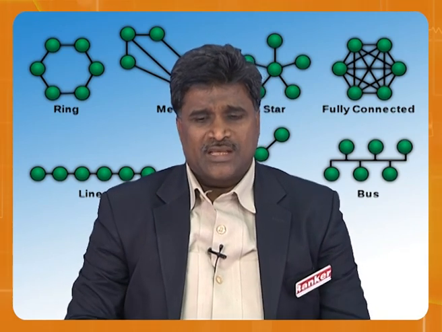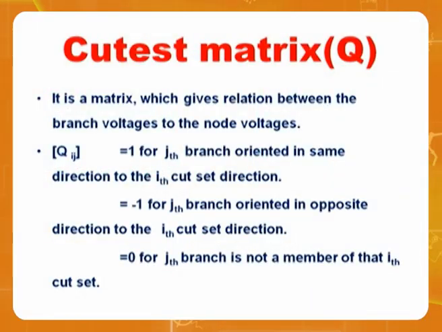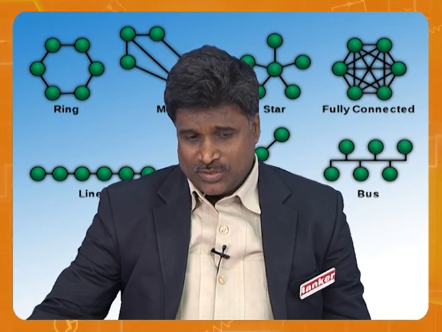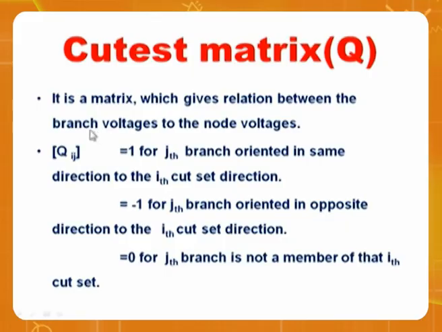Now I am talking about the last matrix, called the cut set matrix. For convenience, we call this matrix Q. What is the definition? It is a matrix which gives the relation between branch voltages.